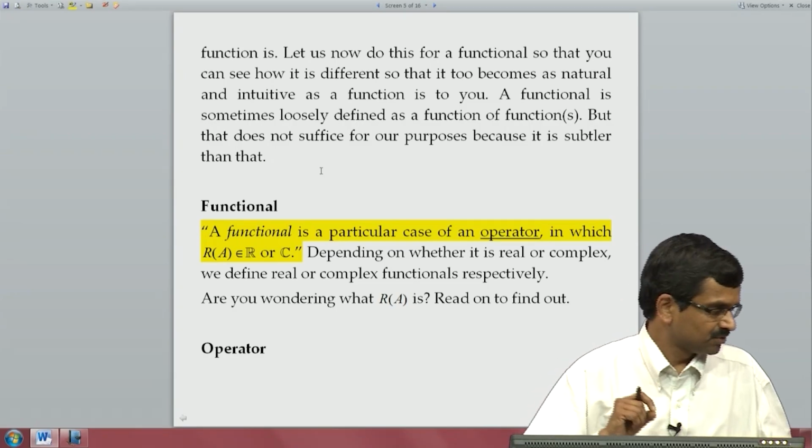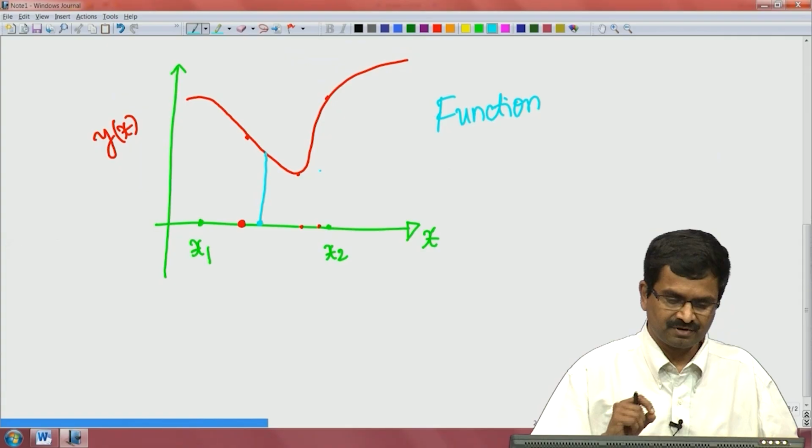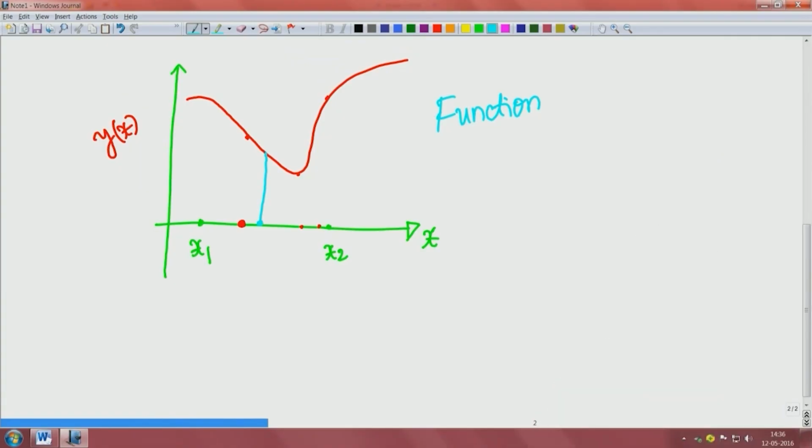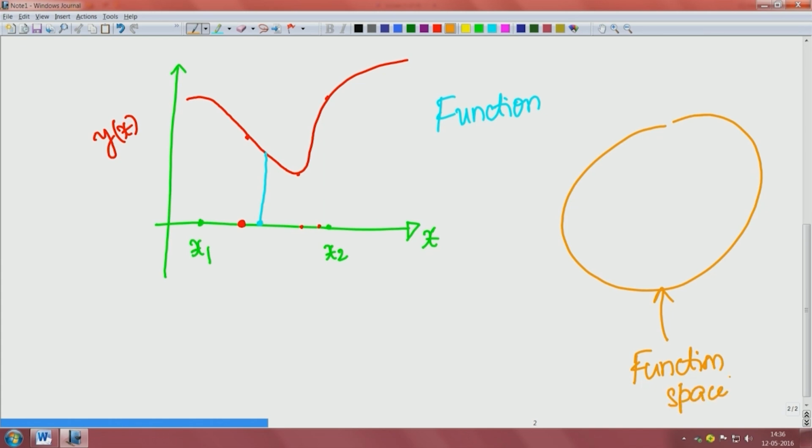So, if we go back to our notion of a space, let us call this for now a function space, which contains all functions. There will be y1, y2, y3 and so forth, let us say yn, and then there will be some y star also that we are after. We want to find that minimizing function.